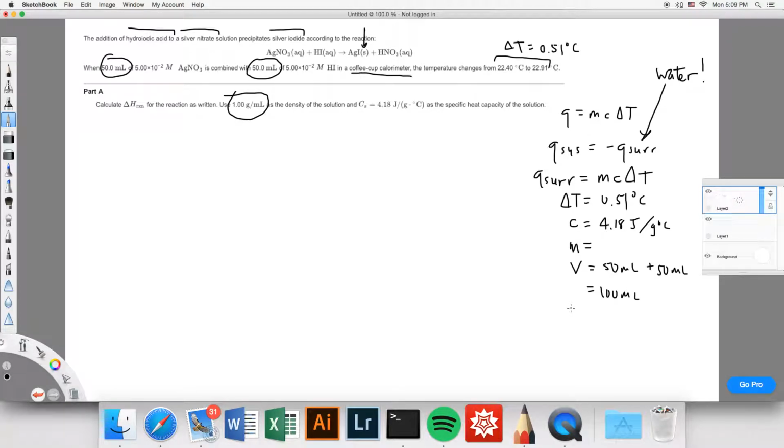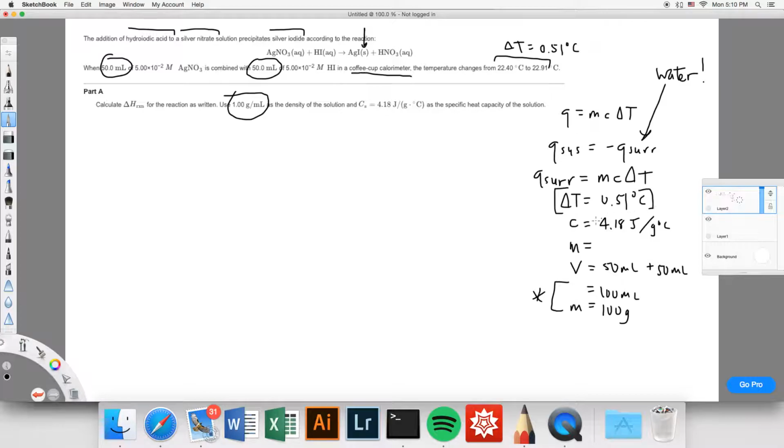So the mass is going to be 100 grams. I'm doing that in my head right now because it's a 1-to-1 ratio, 1 gram per mL. But if that doesn't make sense, you should ask about that. If it's 100 mL, why is it 100 grams? The answer is because it's water, and it's 1-to-1. You certainly want to make sure you understand that.